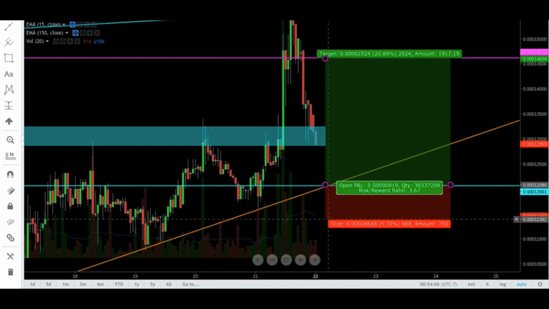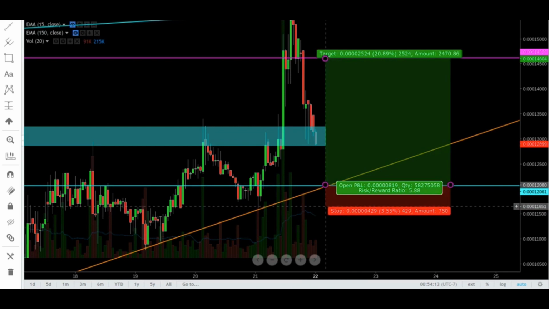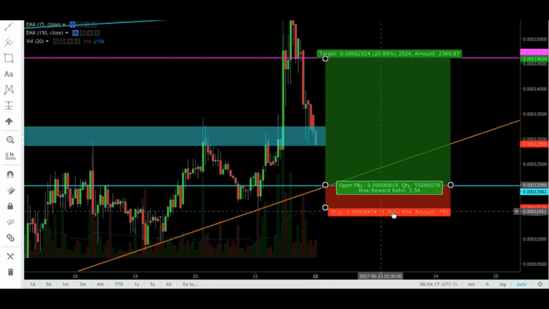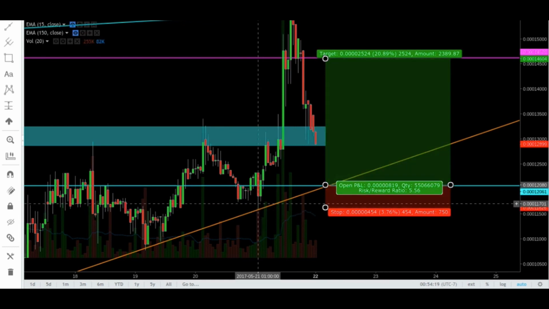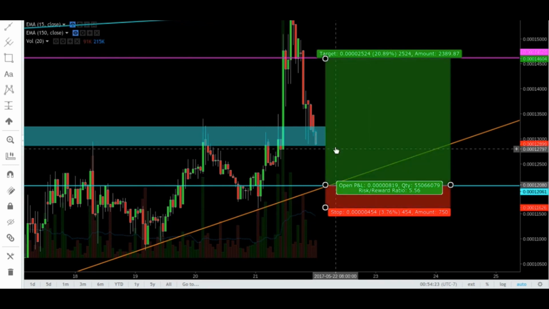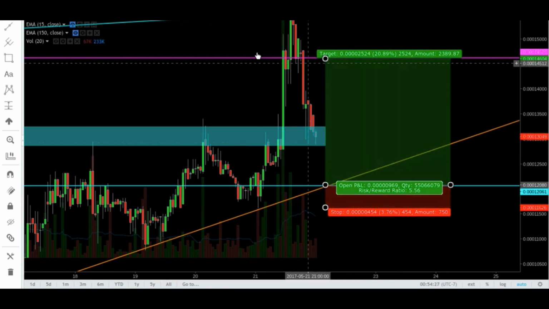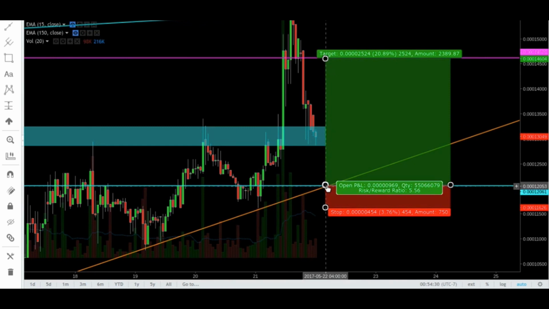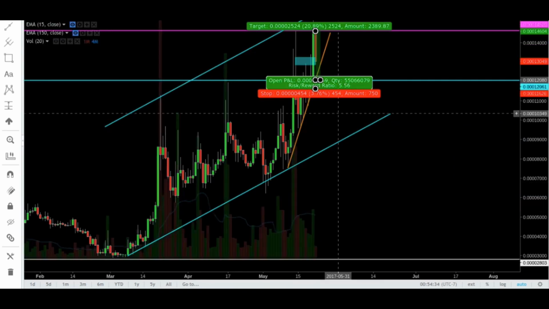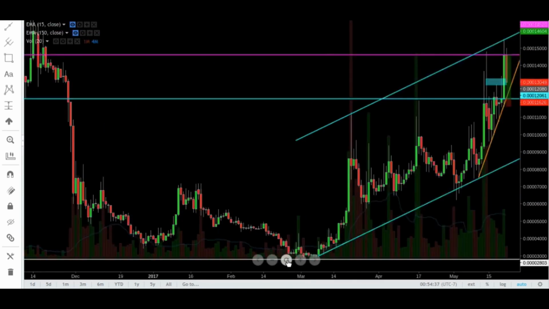Instead of 5%, since we are at a support at this point, I would bring down my stop to 3% right here at this wick. That's the area. If I were to make a trade with this coin, I would definitely go in right here. And let me zoom out so you can get an overall view of what's happening. There we go.